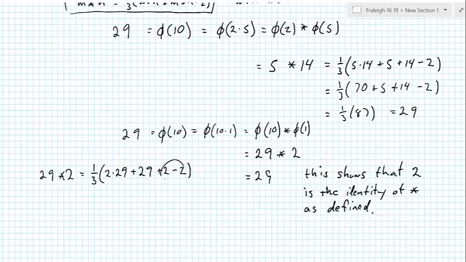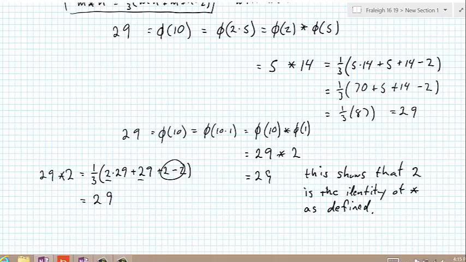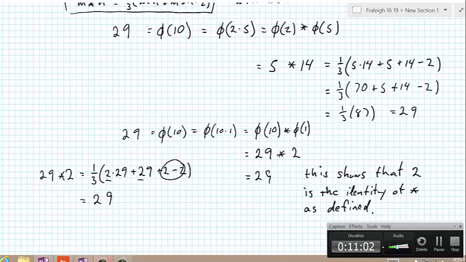And you can see the plus 2 and minus 2 cancel, and we've got 1, 2, 3 copies of 29, so there'll be 3 times 29 times a third, so it'll be 29. Okay, so that ought to get you started, and I will see you all on Monday.